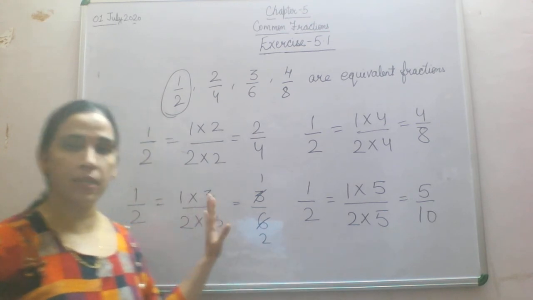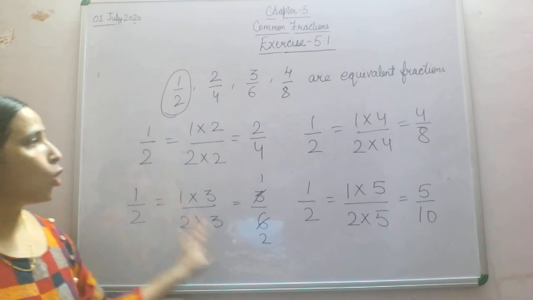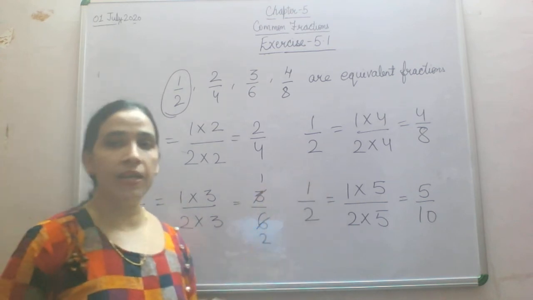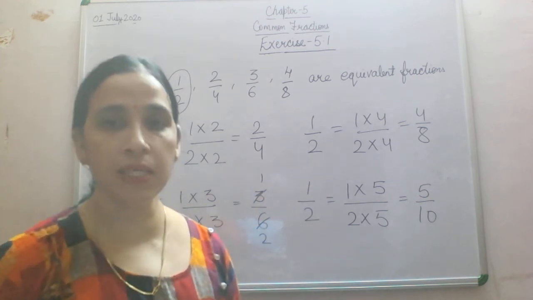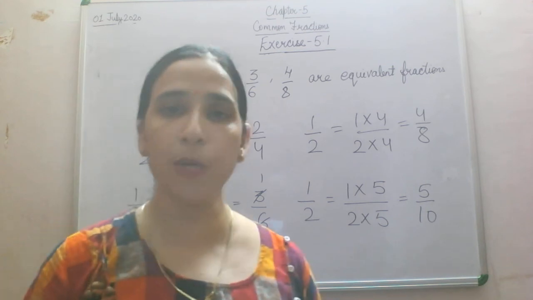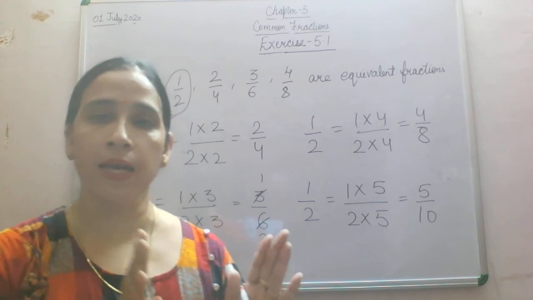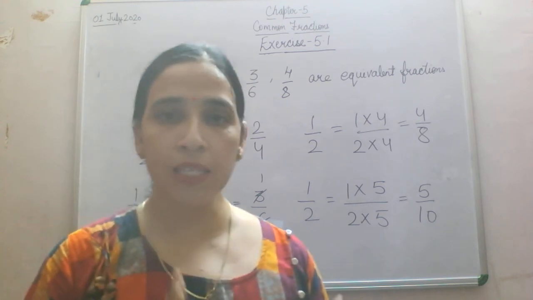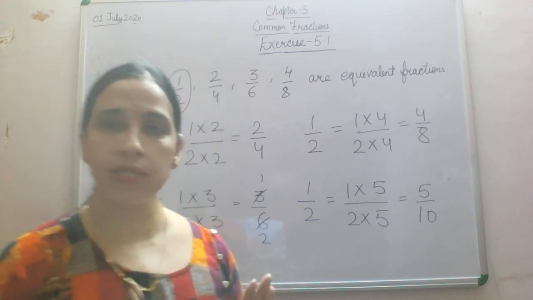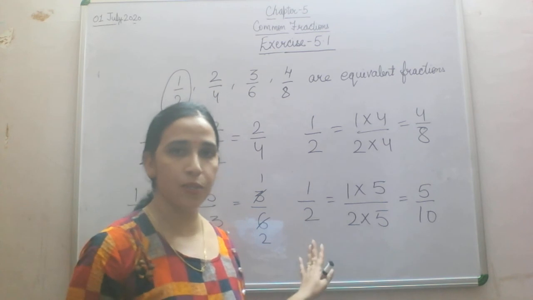So these are all equivalent fractions. The simple meaning of equivalent is equal to, meaning all the fractions are equal. I hope the concept of equivalent fraction is clear to you all.